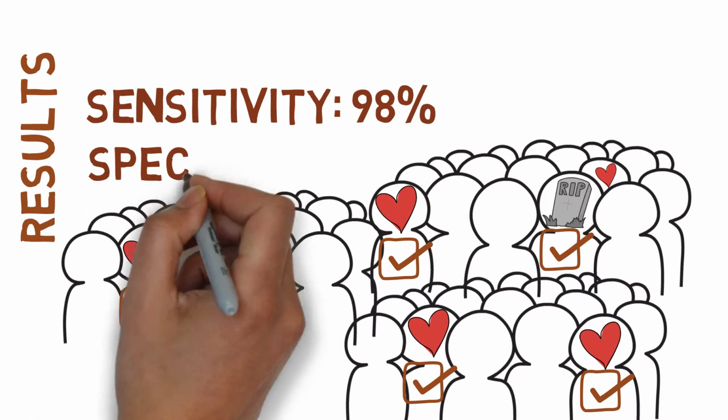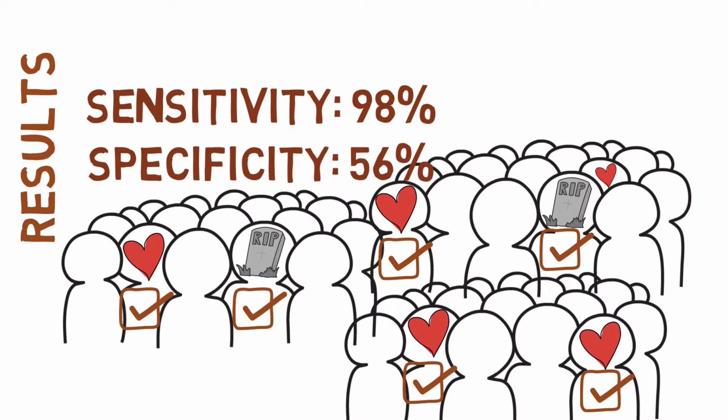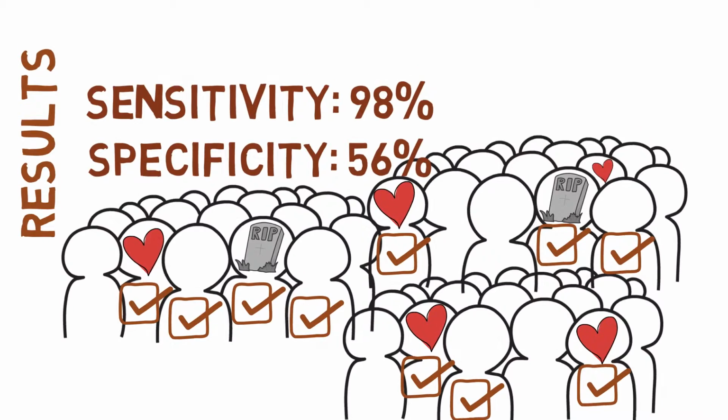The specificity of the rule was 56%, so CHESS positive patients often didn't have serious outcomes, but the high sensitivity suggested practitioners wouldn't miss many serious outcomes if they applied the CHESS rules.